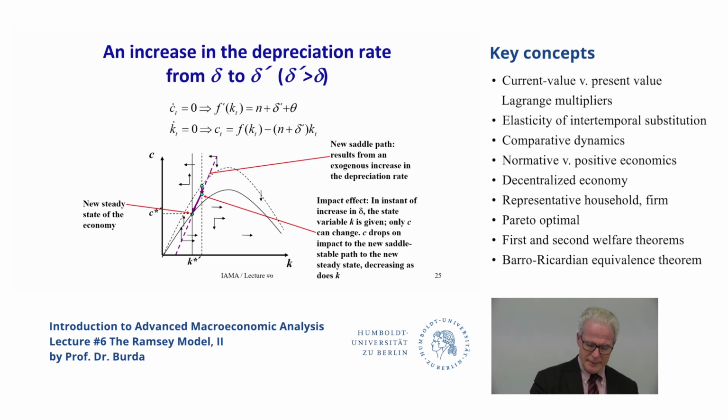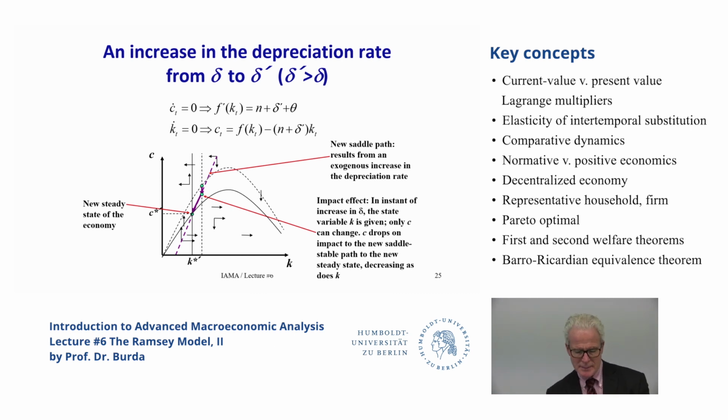in this slide. Okay, so the logic there would be that agents in this economy have to roll up their sleeves and basically deal with the fact that a capital stock costs more in terms of depreciation every instant, and that's going to sustain a lot less consumption than before.